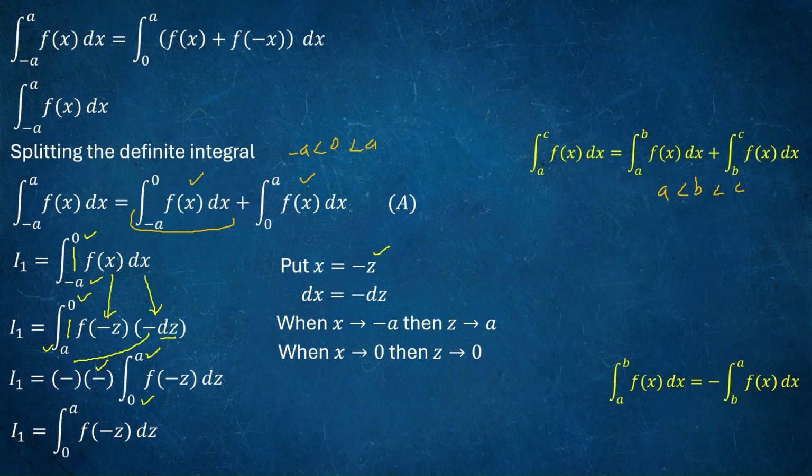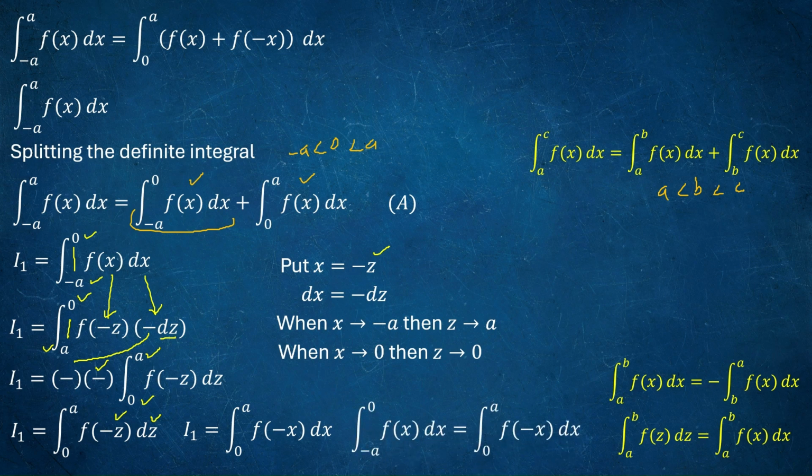Now we again change the variable inside the definite integral, and we can write I1 is equal to 0 to a f of minus x dx. Do remember that changing the name of variable in definite integral doesn't affect the integral provided the limits are same.